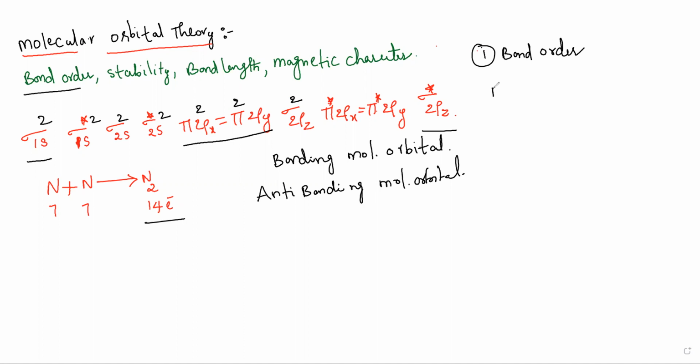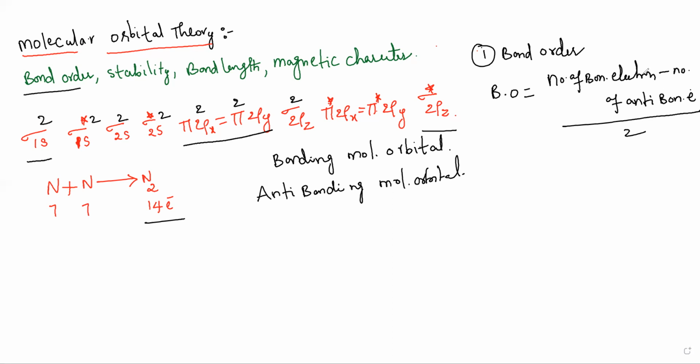So bond order is equal to the number of bonding electrons minus the number of anti-bonding electrons, divided by 2. Just try to understand this: number of bonding electrons minus number of anti-bonding electrons by 2. With this we can define bond order.